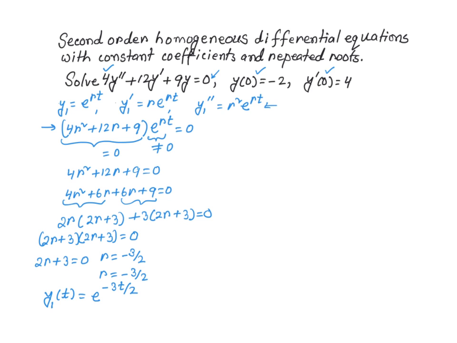Now we know from our knowledge of solving these types of equations, where the roots are repeated, that the general solution is y(t) equals c1 times y1(t) plus c2 times t times y1(t).